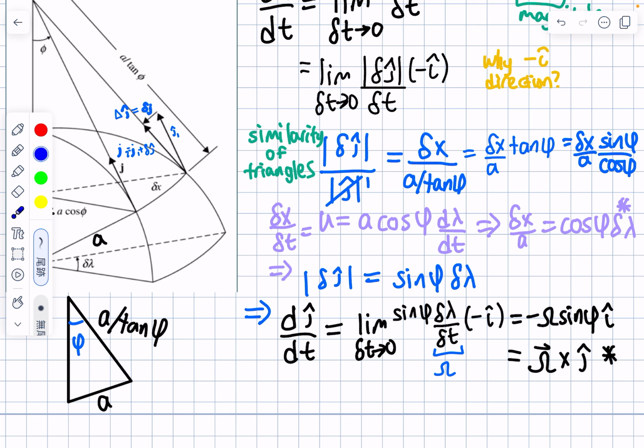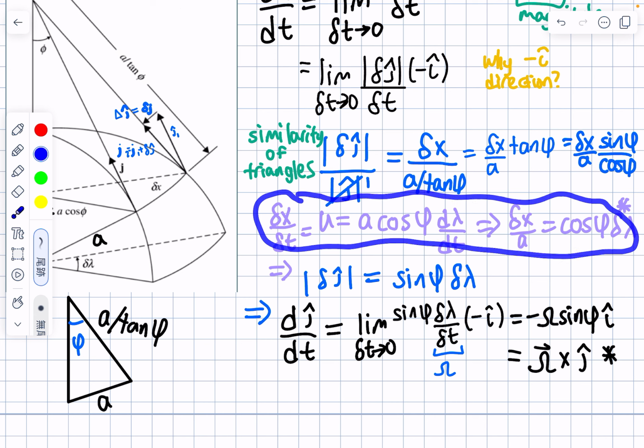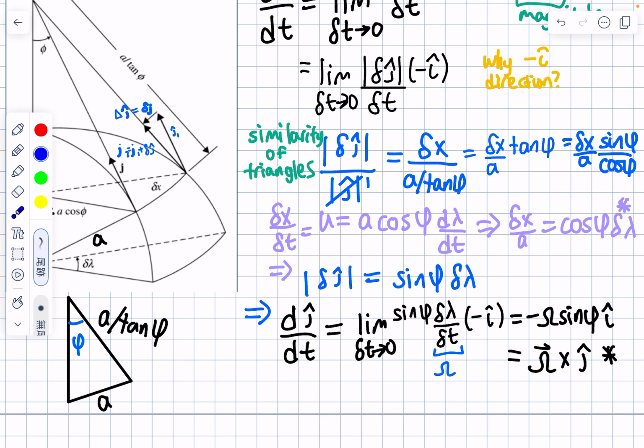So I won't be deriving this because I'm not sure how to derive it. This is another thing I memorized. We can then divide by a on both sides, so we'll get delta x over a is equal to cos phi and then delta lambda. And the t's just go away because you can multiply on both sides by delta t. And we also divided by a, so we'll have this.